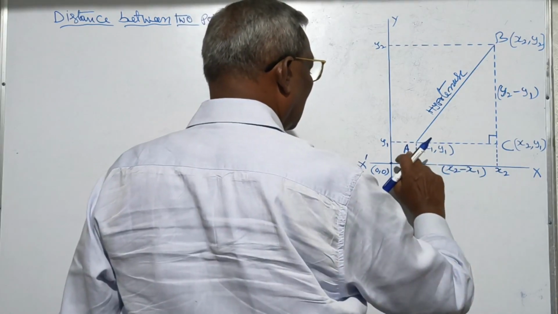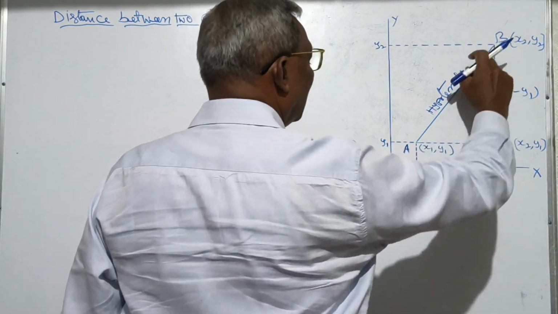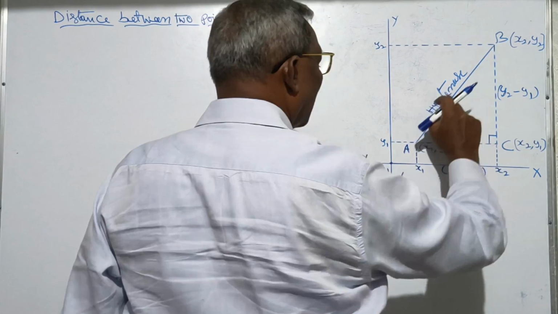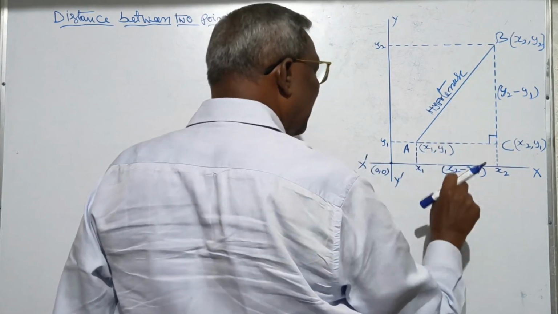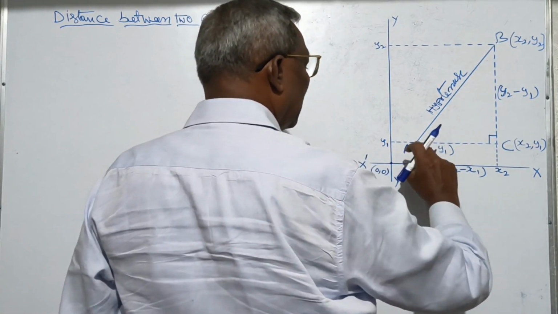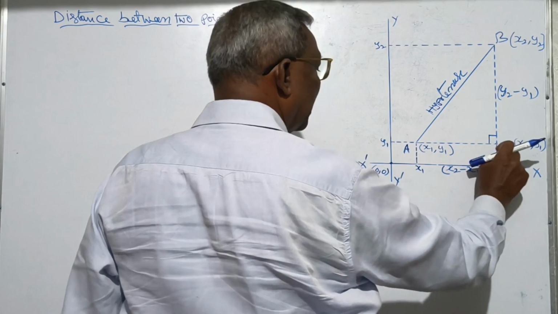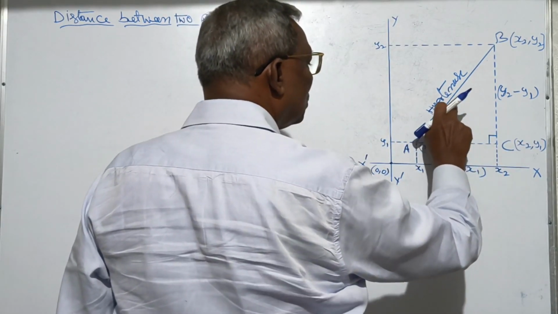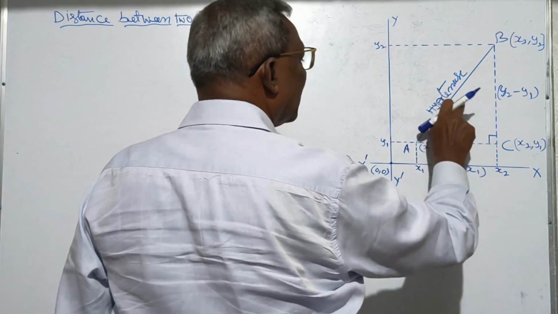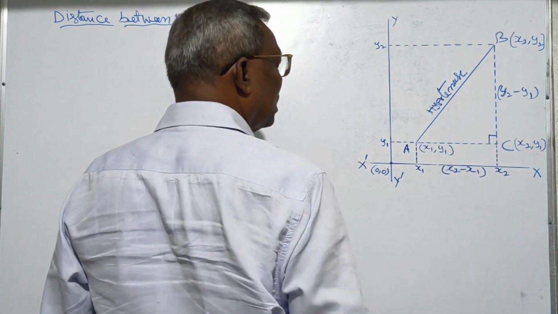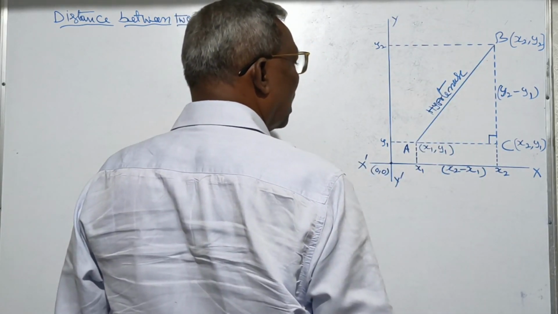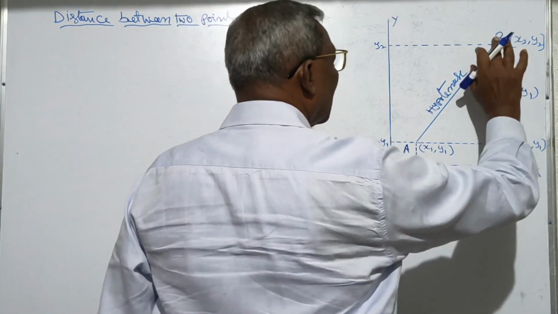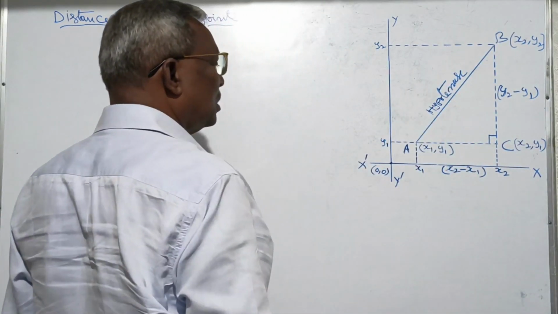Here, triangle ACB is a right angle triangle. In this right angle triangle, angle ACB is 90 degrees. In a right angle triangle, opposite to the right angle is the hypotenuse.